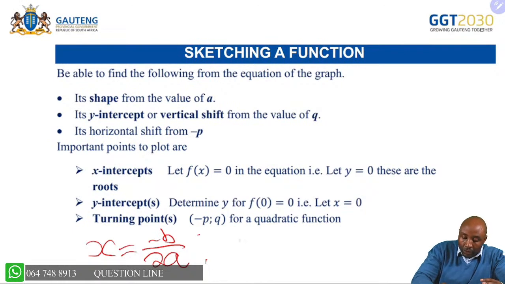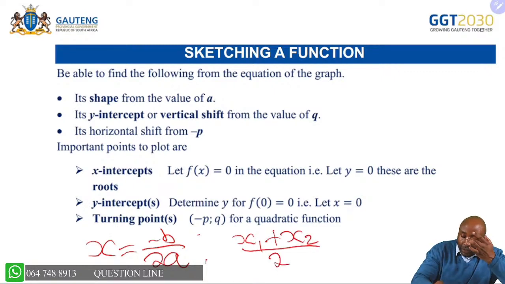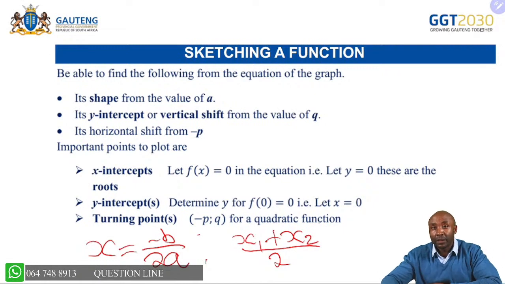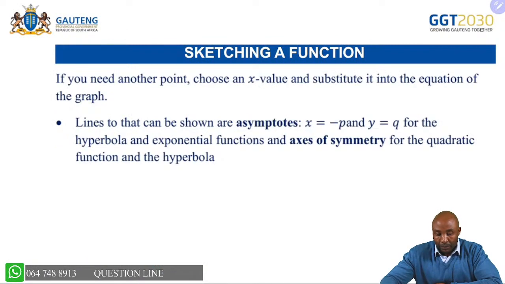And we can also use, if we are given the x-intercepts, you add the two x-intercepts, you divide them by 2. It will give us the x value at the turning point, and from there we can substitute back to our function to get the corresponding y value at the turning point. We move on. If you need any other point, you choose any x value that you can substitute, and then it will give you another point on your graph.